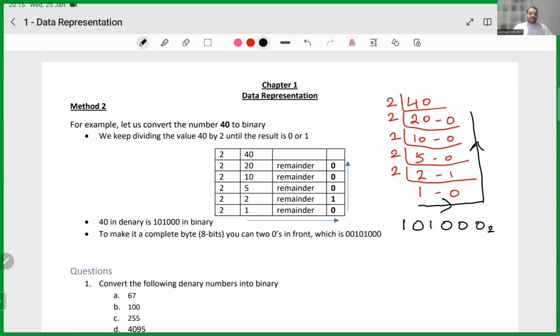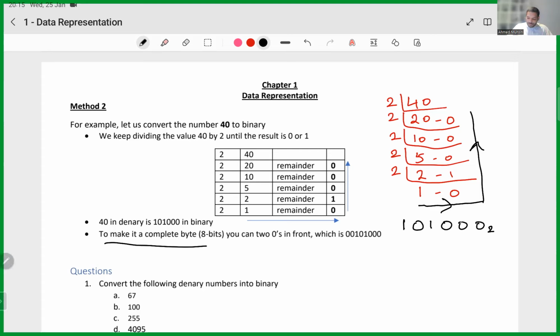Okay, let's take another example. And a quick thing, guys, if you look at this last point, normally we write binary numbers in 8 bits, or 16 bits, or 32 bits, or 64 bits. Right now, how many bits do we have?